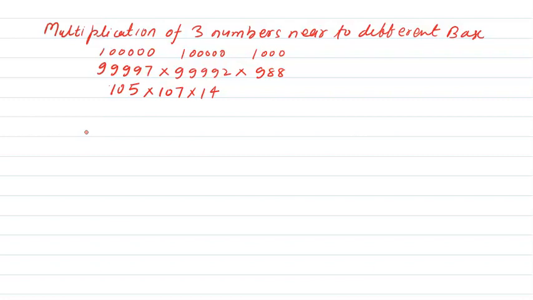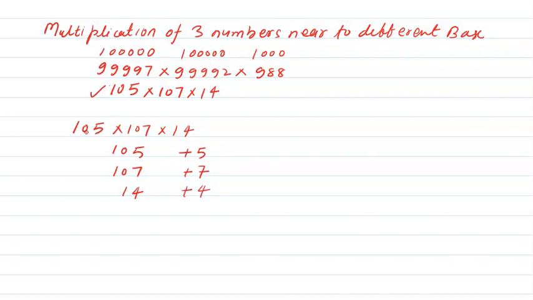I am starting with a smaller problem first, and I am taking the product of 105 into 107 into 14. So to understand this, let us write these numbers like 105, 107 and 14 and write the surplus here, that is plus 5, plus 7 and plus 4.